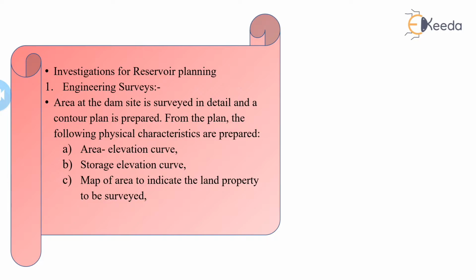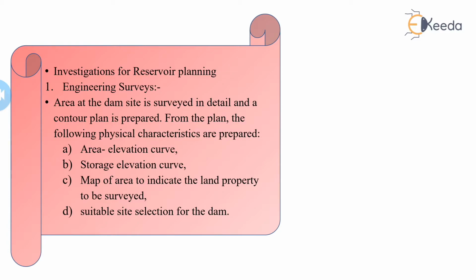Here also, the area at the dam site is surveyed in detail and the contour plan is prepared. From this plan, the following physical properties are prepared: area elevation curve, storage elevation curve, a map of the area to indicate the land property to be surveyed, and suitable site selection for the dam.